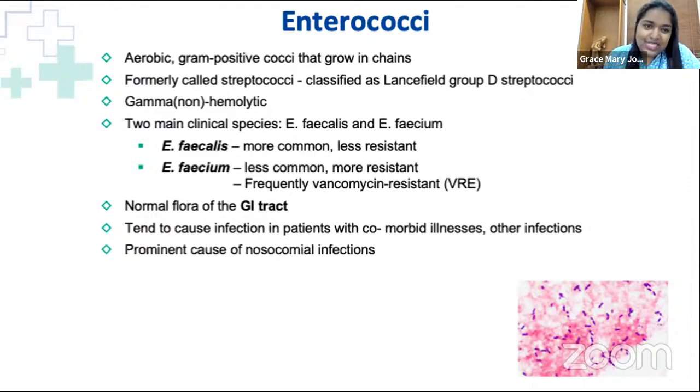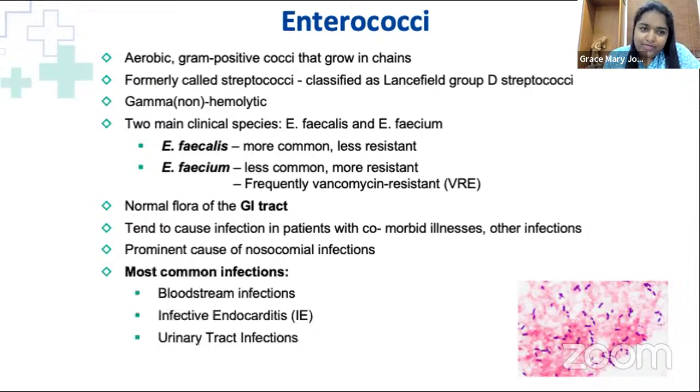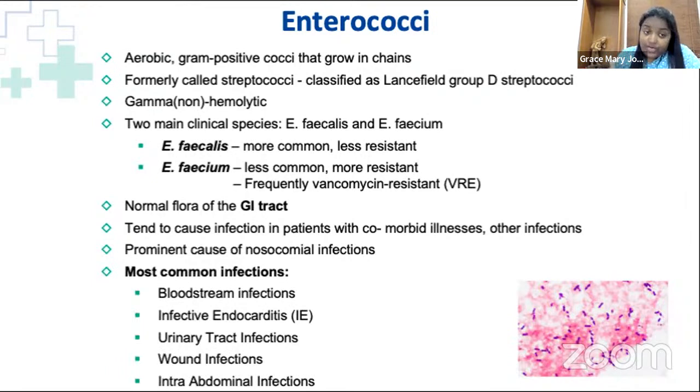And this has been associated with a lot of nosocomial infections, which include bloodstream infection, infective endocarditis, urinary tract infection, wound infection, intraabdominal infection. Urinary tract infection is one of the major areas because, from your rectum through your anal canal, because this bacteria is there, it can easily go and infect your urinary tract.